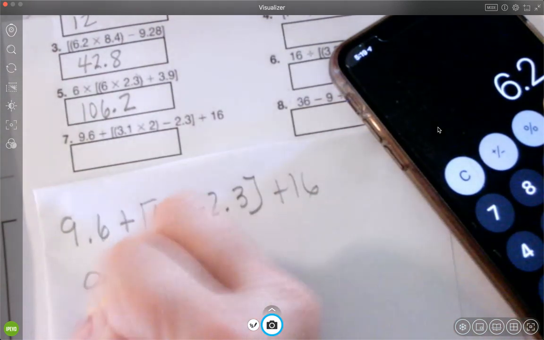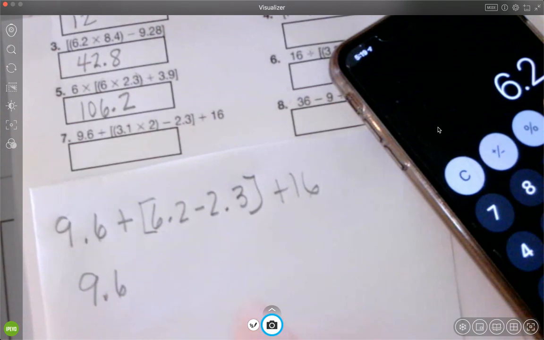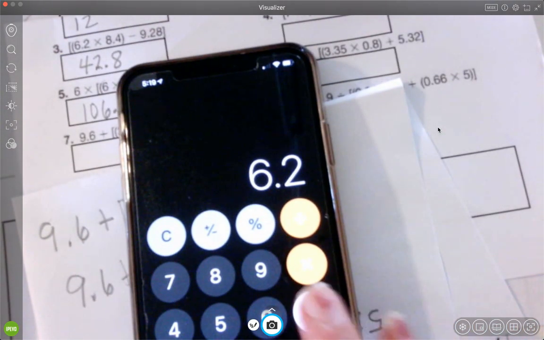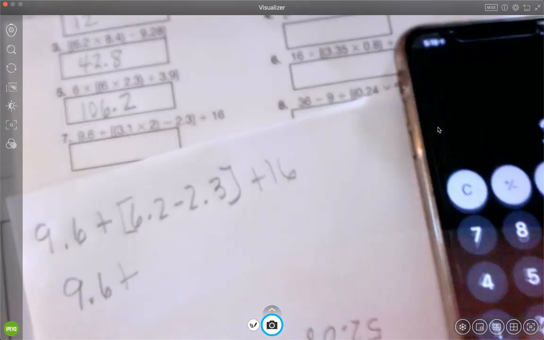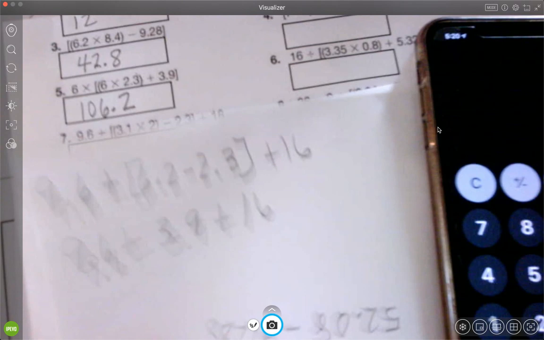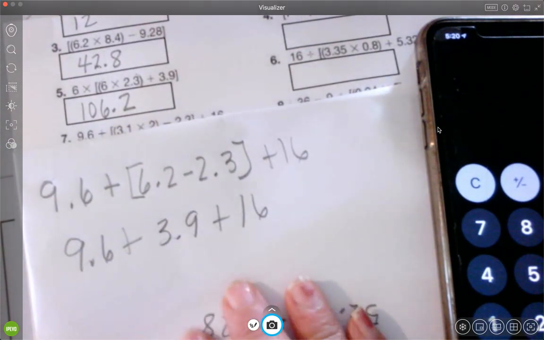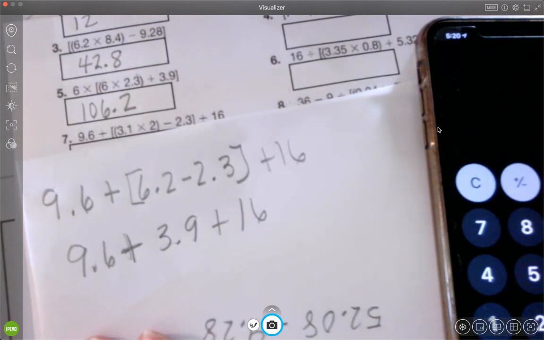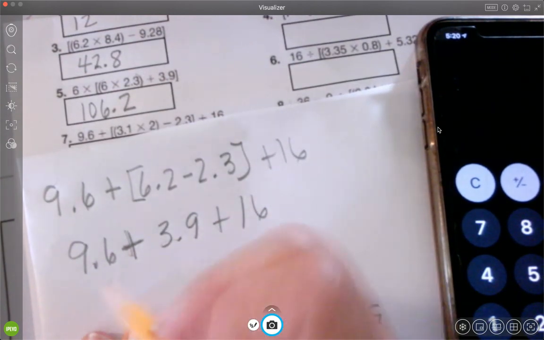So I can leave 9.6, and I'm going to go ahead and do my subtraction there. So I've got 6.2, take away 2.3, and I get 3.9 plus 16. Now, because I have two addition signs, and really, order doesn't matter in addition, but we'll just go ahead and do it in order.